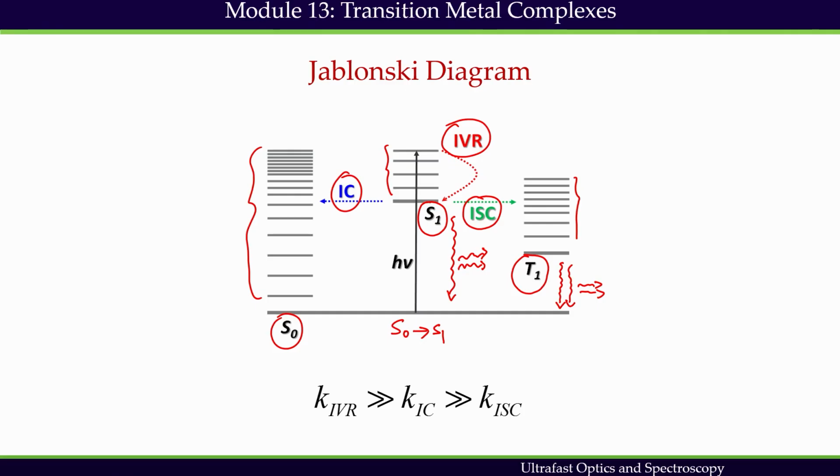This process is called IVR. So, although we are exciting to an upper vibrational state, that can relax back to the ground vibrational state of the electronically excited state through this IVR process.